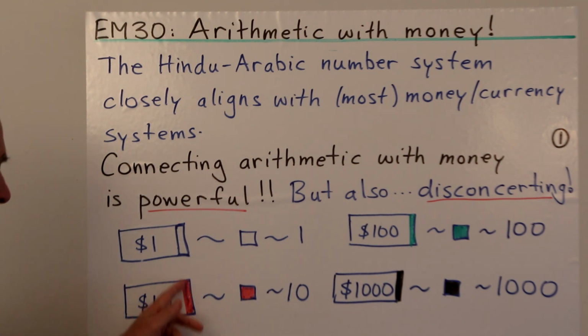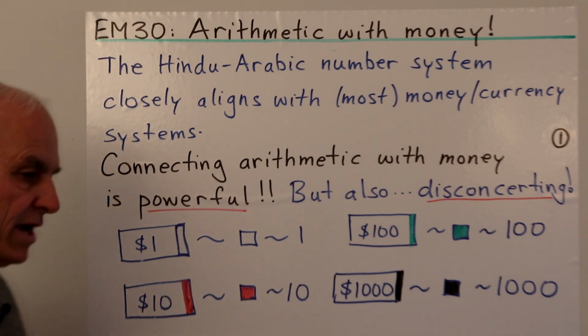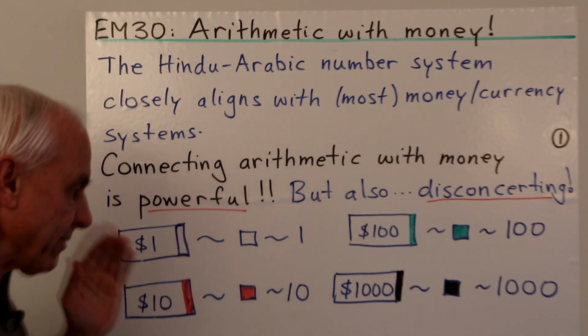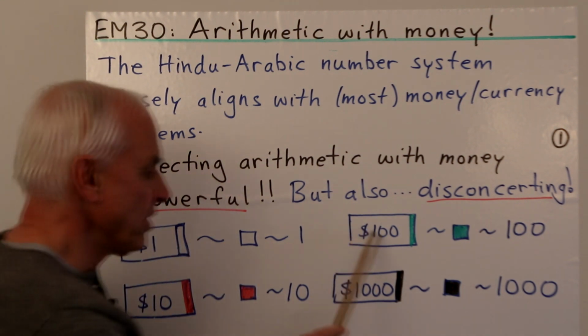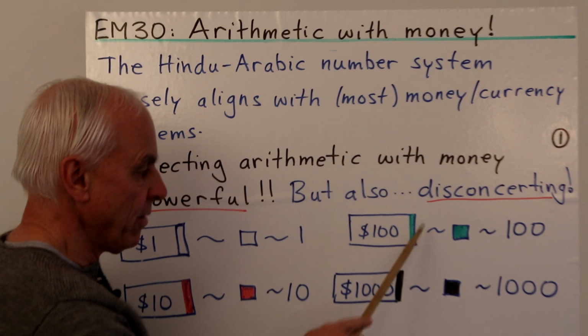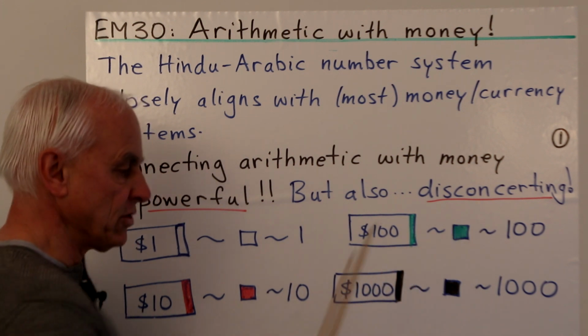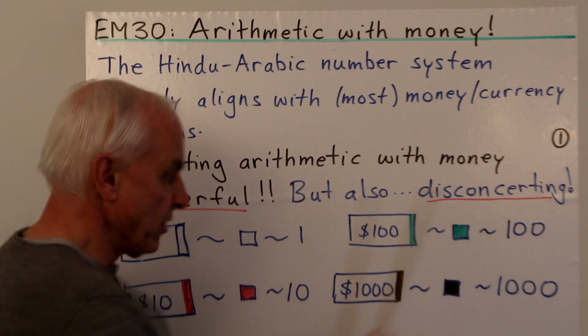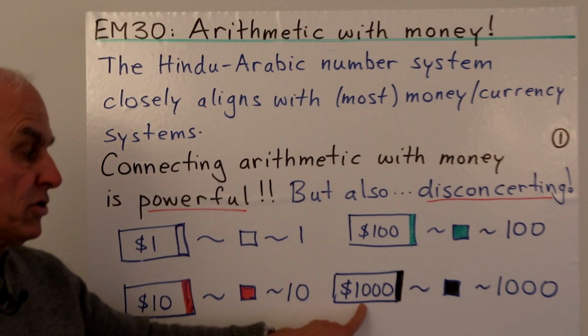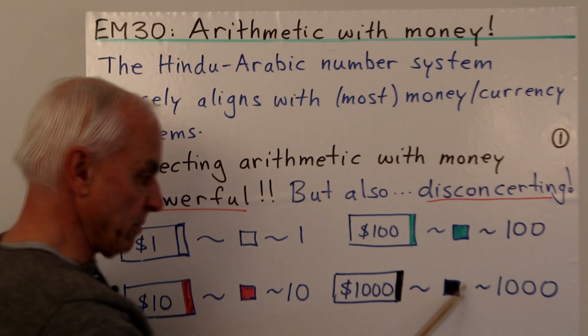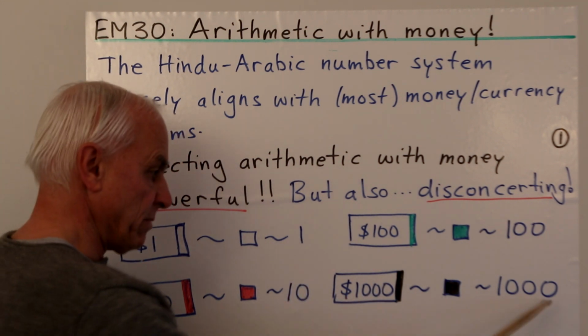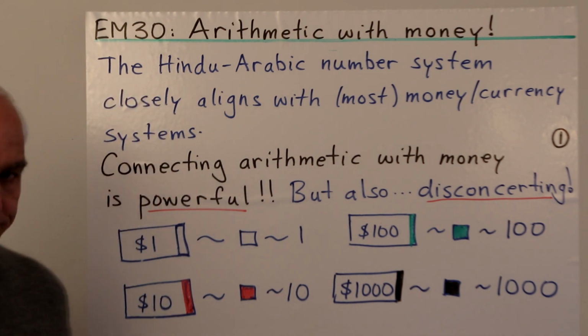We'll put a little red strip to the right of the $10 bill so we can easily recognize it. The $100 bill will have a green aspect, corresponds to a green square representing 100, and our $1,000 bill will have a black aspect corresponding to a black square corresponding to 1,000.